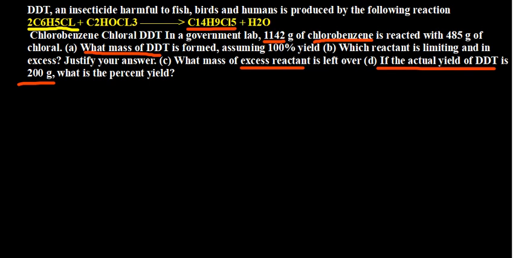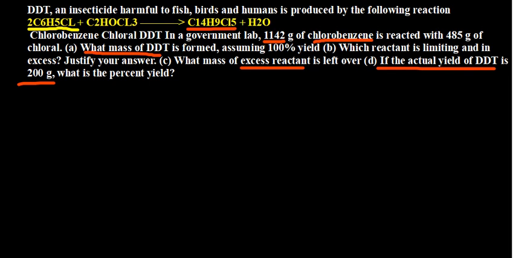Now which one is chlorobenzene and which one is chloral in this case? How do you get to know that? The first one, C6H5Cl, is the chlorobenzene. Then the other one is chloral.